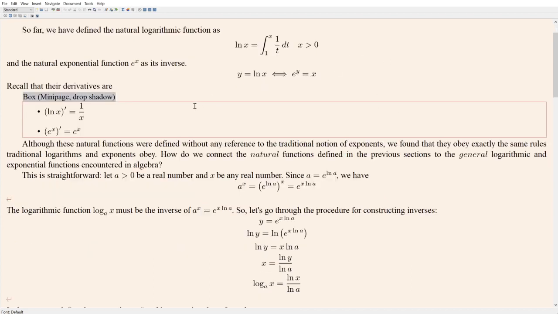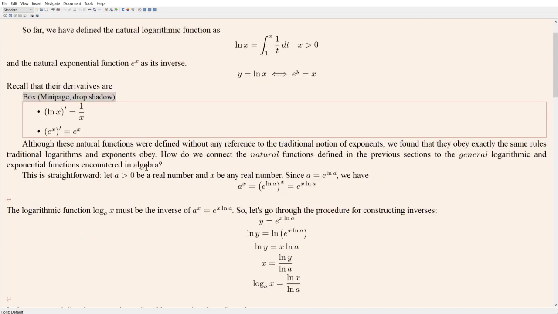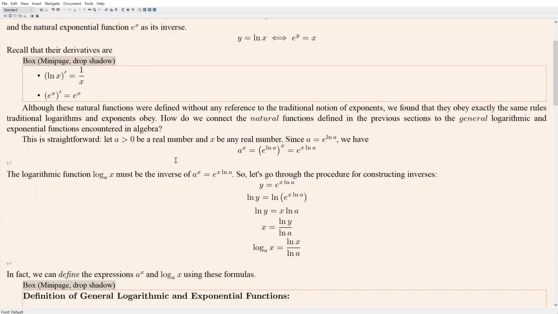And in so doing, we will also learn how to differentiate and do some basic anti-differentiation with more general logarithmic and exponential functions, namely ones where the base is not e. We want to know how to differentiate those.